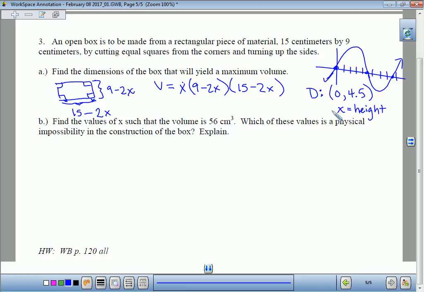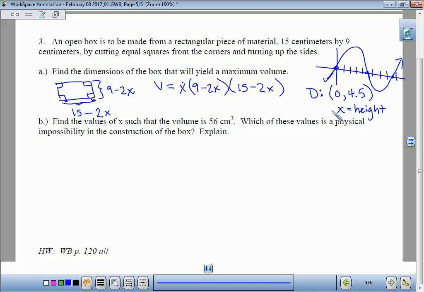At that point, we can use our calculator to just find our zeros, because we have shifted it to where that graph now intersects the x-axis at the points where the volume is 56. That's what subtracting 56 from the end does. It causes a vertical translation down to where all we're looking at is the zeros of the graph.